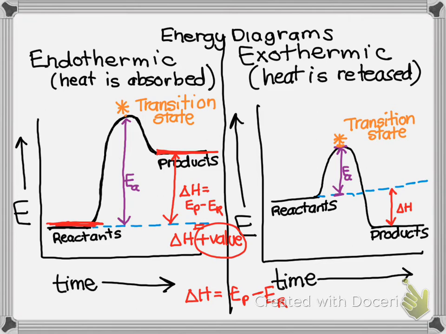Now let's take a look at this delta H. So this would equal the energy of the products minus the energy of the reactants. Well, here the products are lower in energy than the reactants. So you're taking a lower number and subtracting a higher number. And when we do that, we get a negative value.